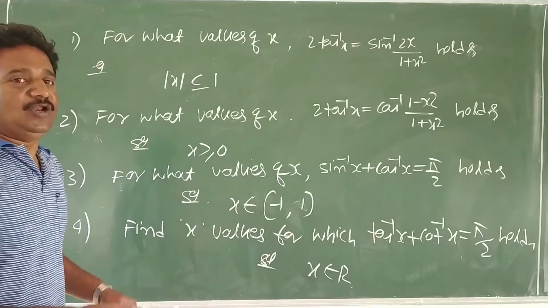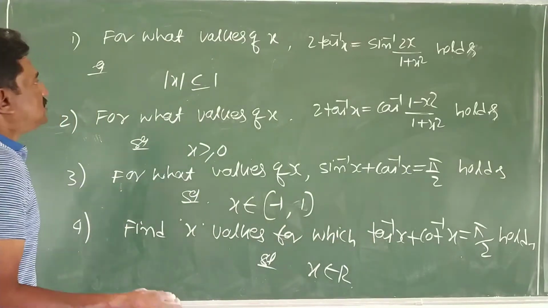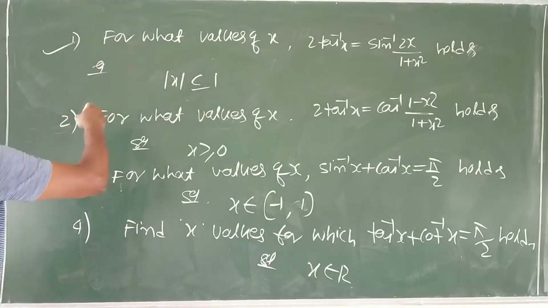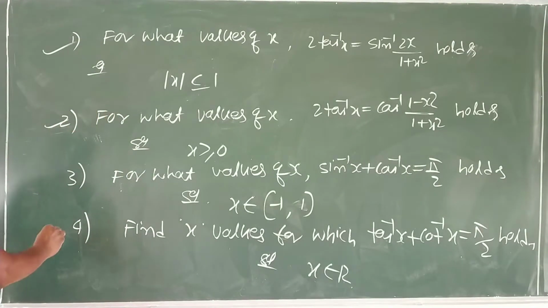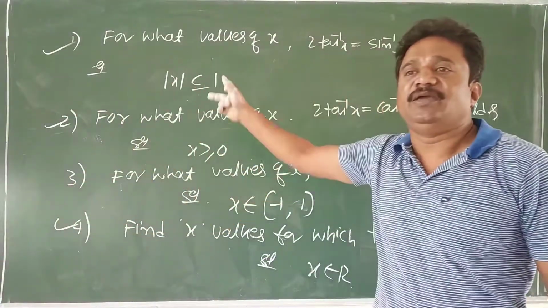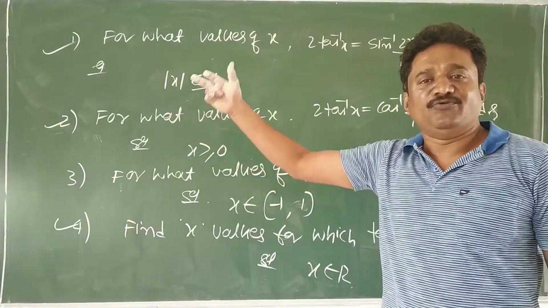Already for your annual exams, these 3 questions have been asked. This question is already asked, this question is also asked, the last question is also asked. So practice. These questions have already been asked in annual exams for 1 mark.